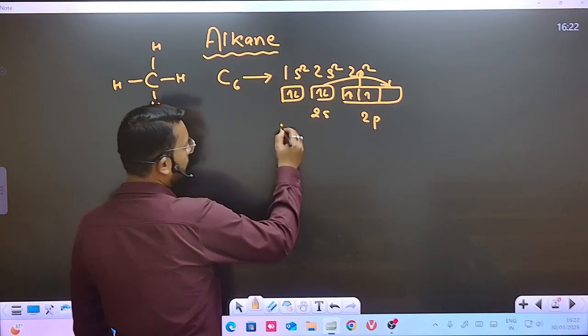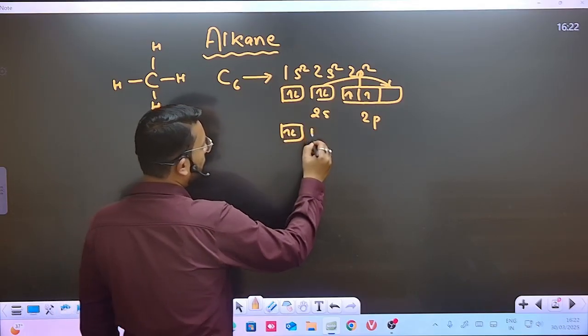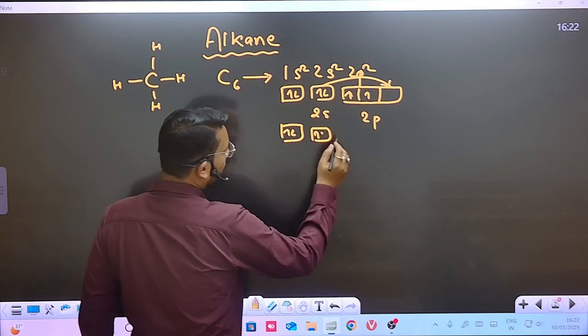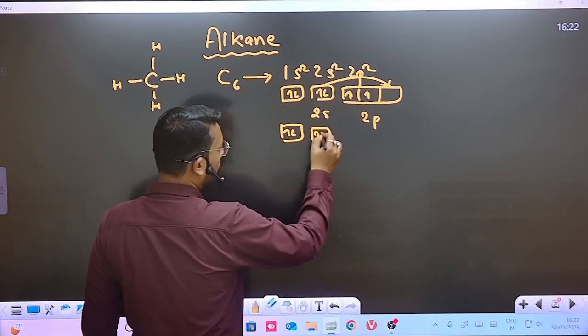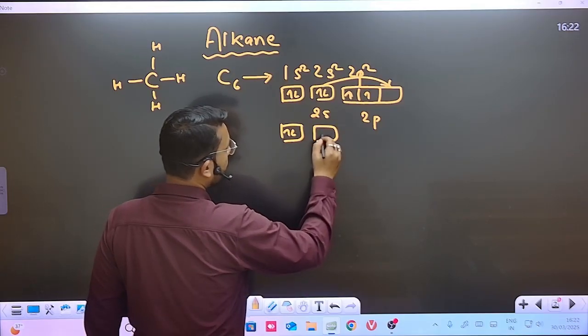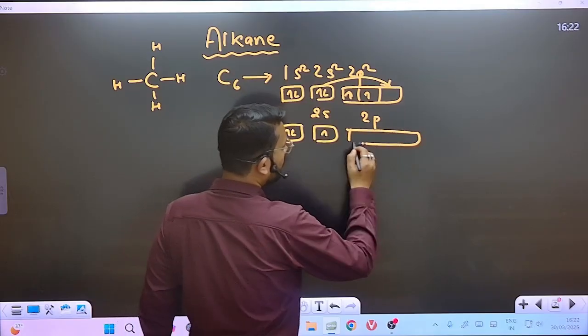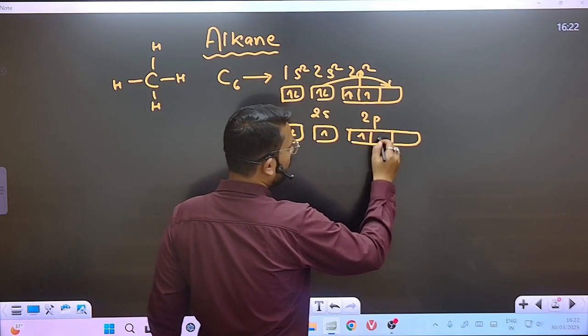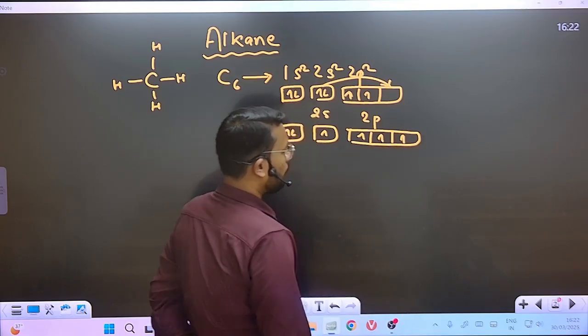So we will get 1s, 2s with only one electron, and 2p with 3 electrons.